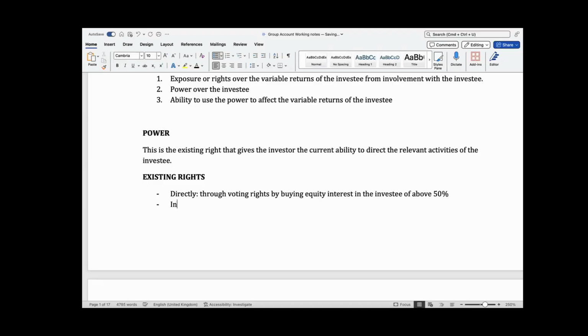Or it could be indirectly. These rights exist where the investor can do the following.